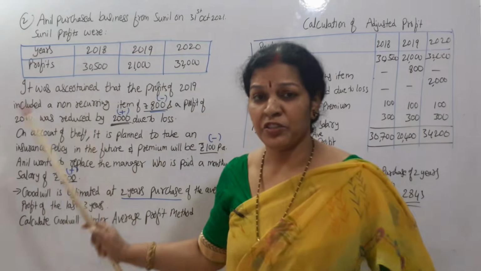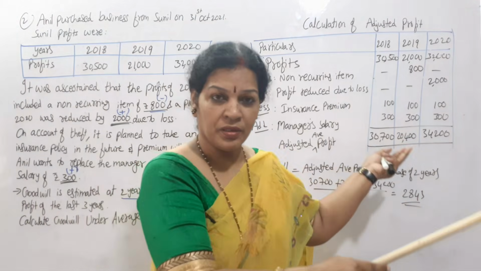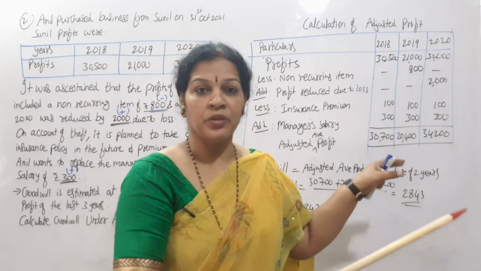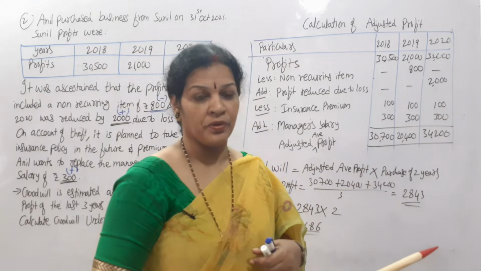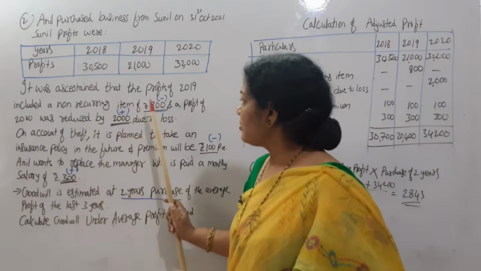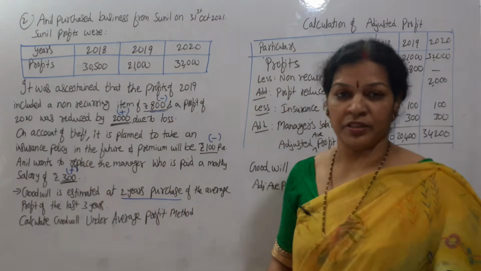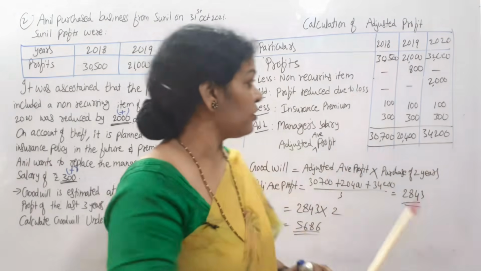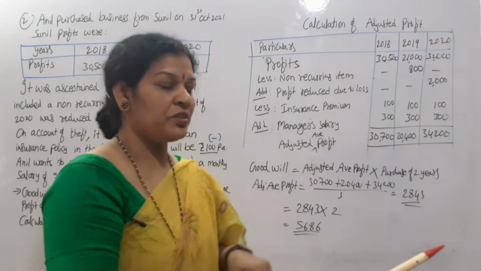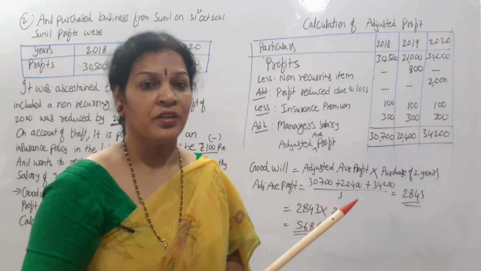We have 4 transactions: 800, 2000, 100 and 300. After adjusting them, you get the adjusted profit.